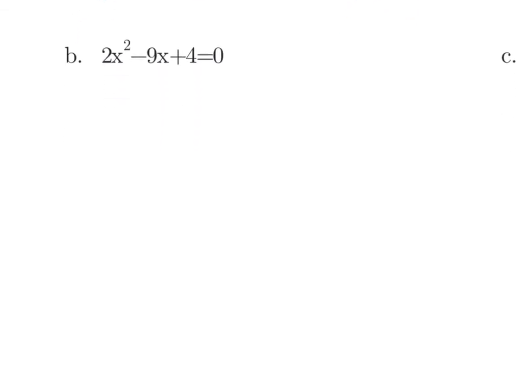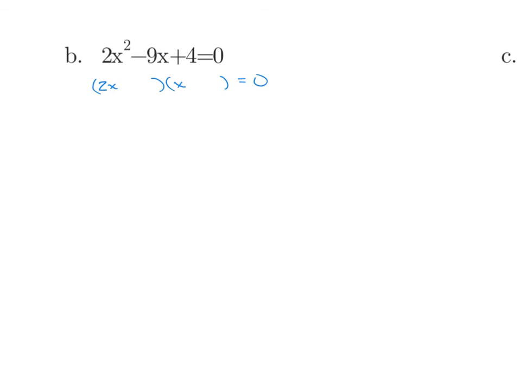All right, B. If we go ahead and factor this, it's already set equal to 0. We get 2x and x. What multiplies to 4? Well, 2 and 2 would not work because we cannot put a 2 in with the 2x.